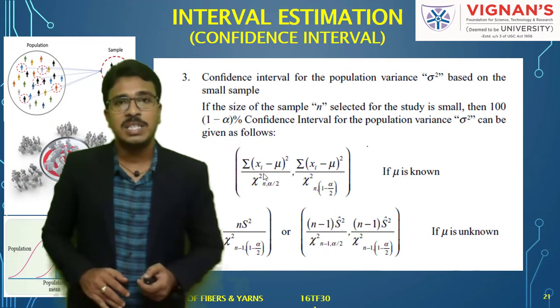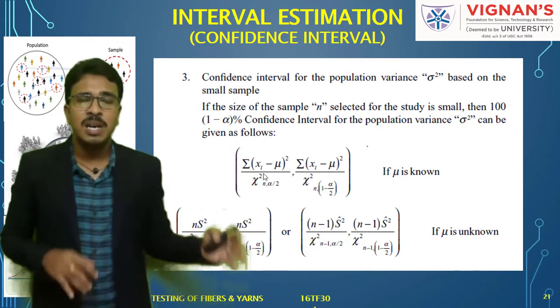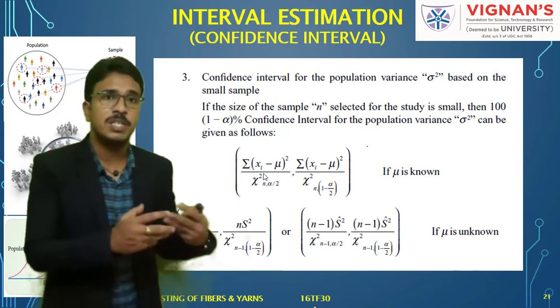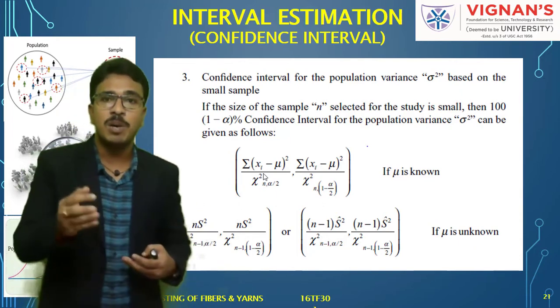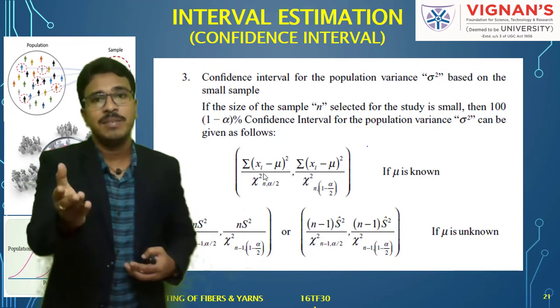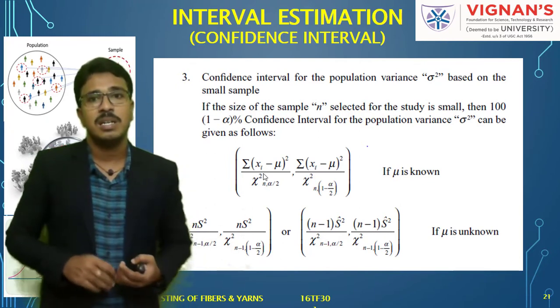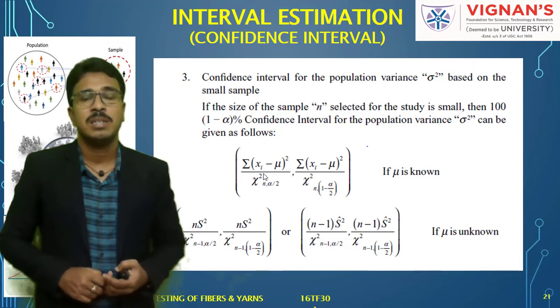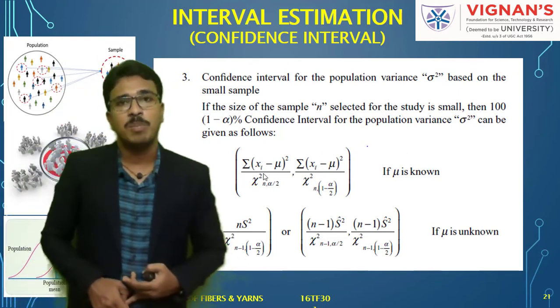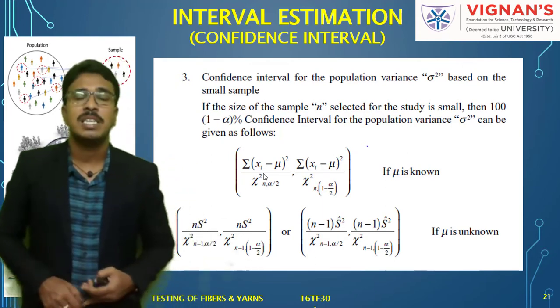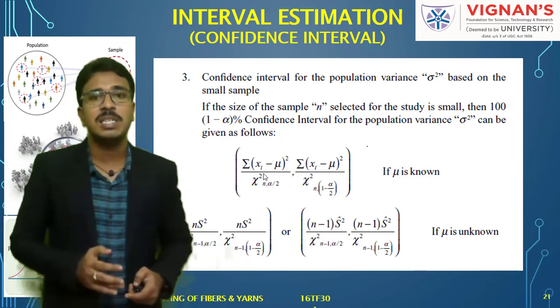Next, till now we have seen how to find the population mean in interval estimation. In the same way, when it comes to population variance, again we have these formulas. By using these formulas we can find the population variance, that is sigma square. Here you can see the formula.